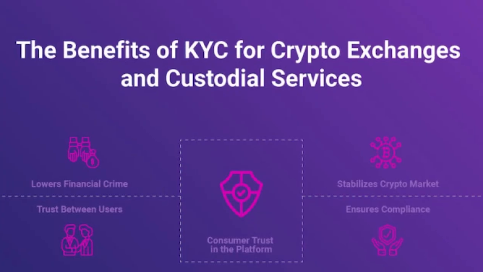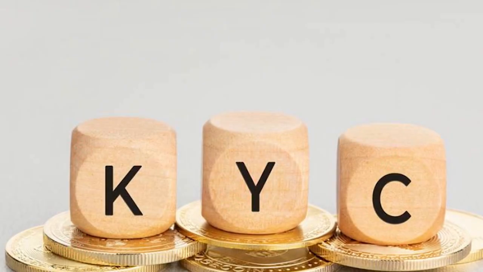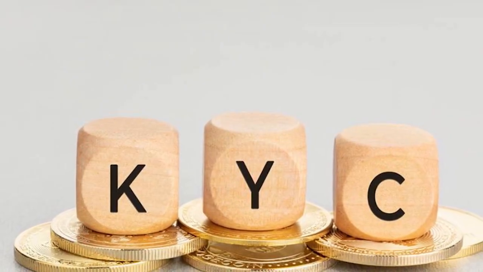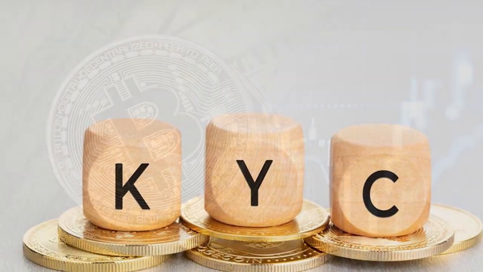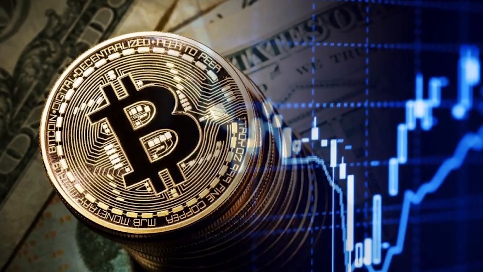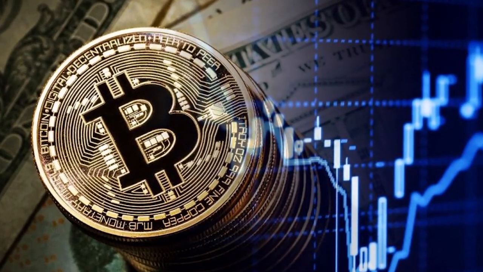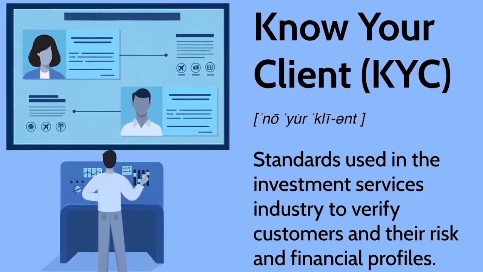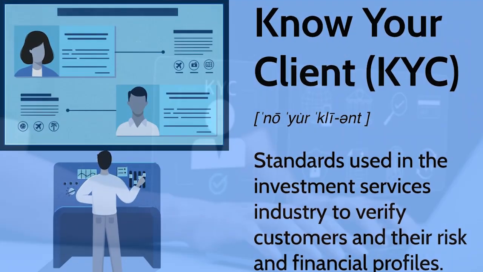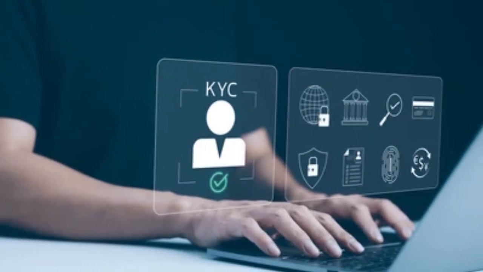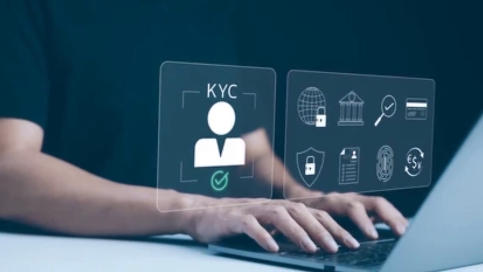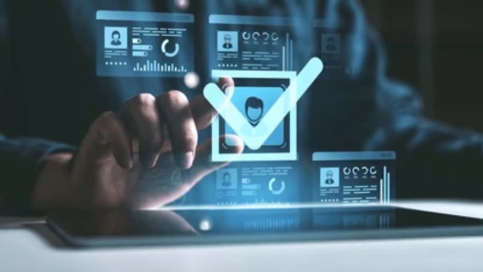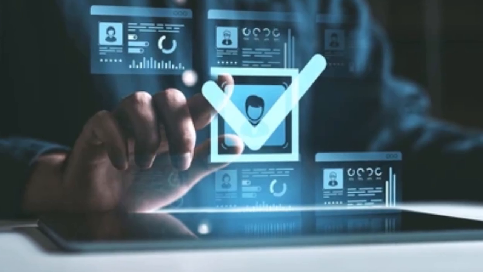The exchange runs automated checks with OCR and fraud detection tools, and also cross-checks your data against global watch lists. If everything checks out, your account is verified and you gain full access to the platform. If there are issues, you're asked to resubmit. And even after approval, the exchange continues monitoring your activity for safety and compliance.